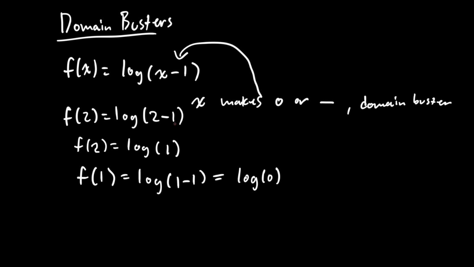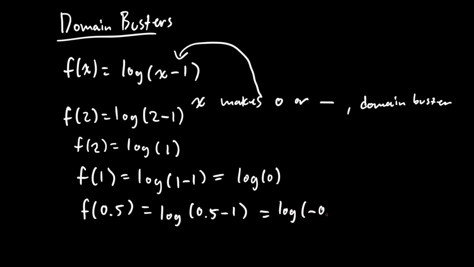Let's imagine that we plug in any number that is less than 1. So let's say we plug in 0.5. So we'll have f of 0.5 is equal to log of 0.5 minus 1. And now this will result in the log of negative 0.5, which is a negative number.